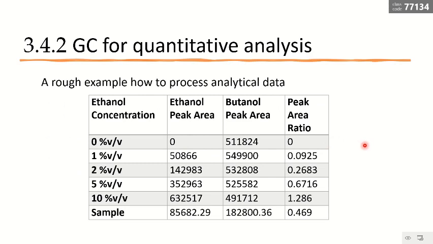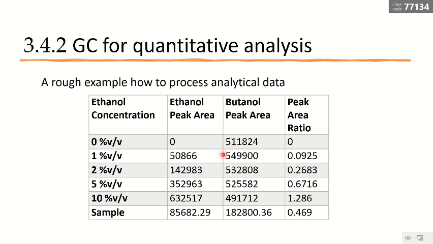Okay, I took some of the data from the past year's experiment. So we know our ethanol concentration, this 1, 2, 5, 10 is what we made. And we know the area of this ethanol. We also know our internal standard, in this case the butanol.